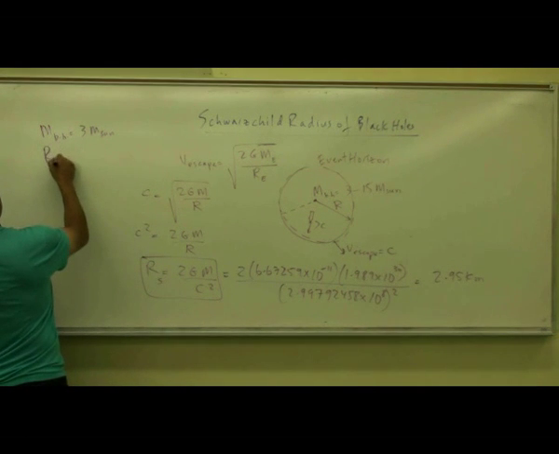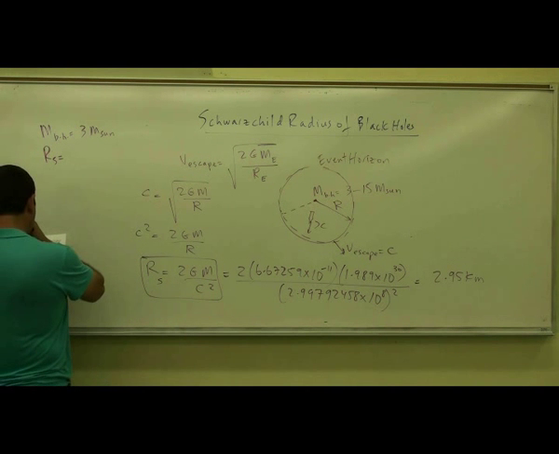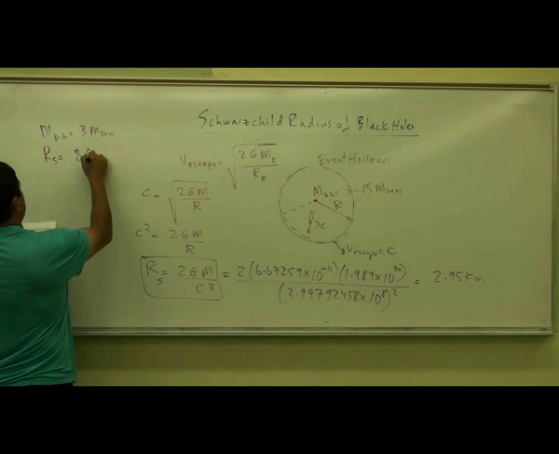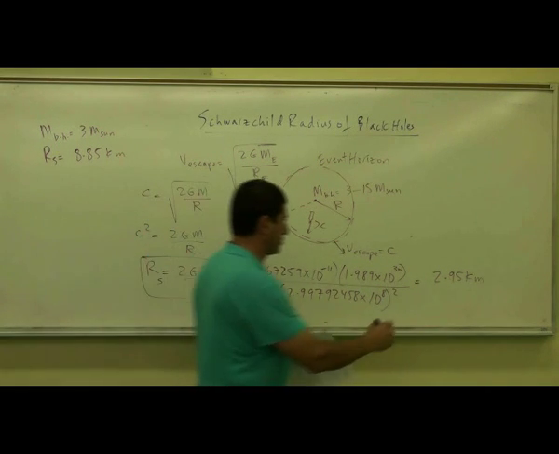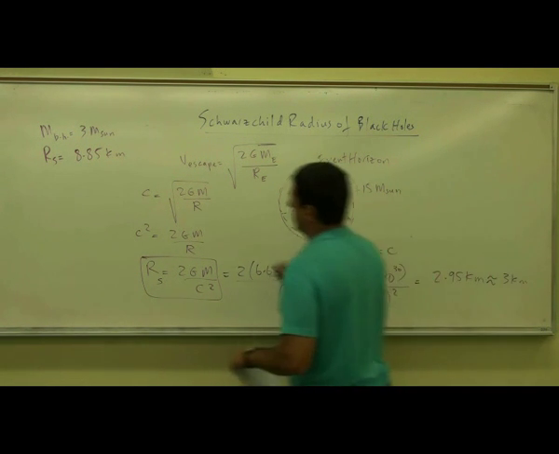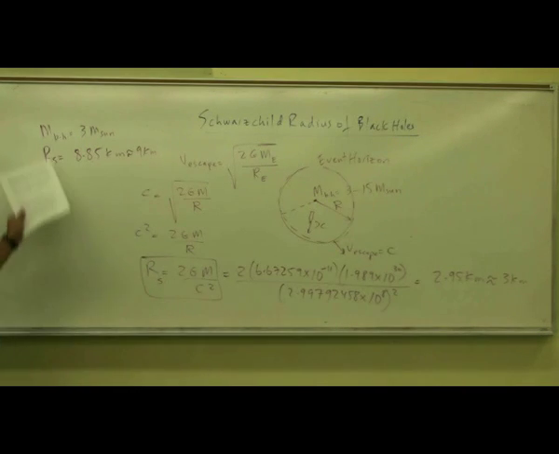So the Schwarzschild radius is going to be 3 times 2.95, which is 8.85 kilometers, roughly 9 kilometers. So we could approximate this as 3 kilometers and that as 9 kilometers.